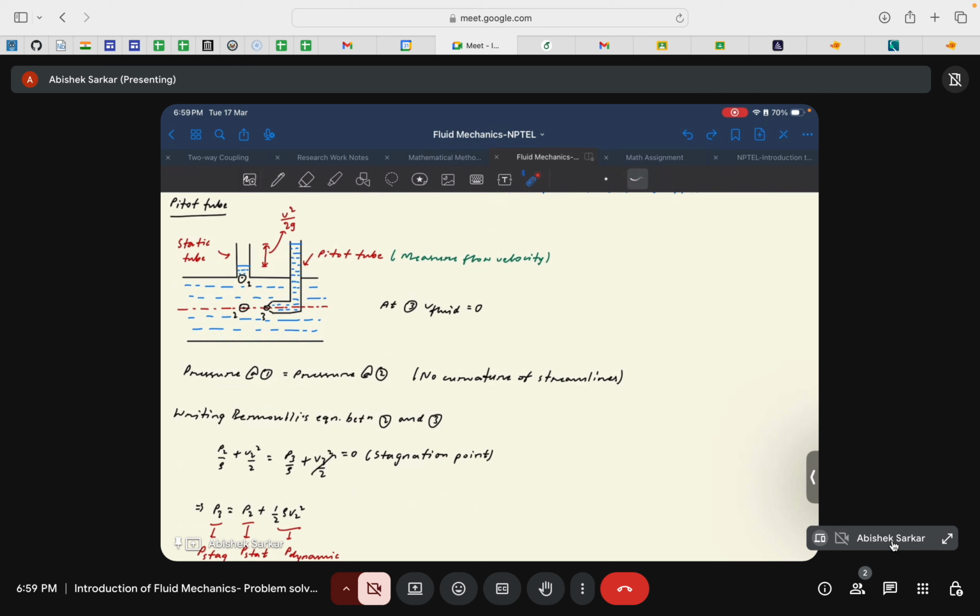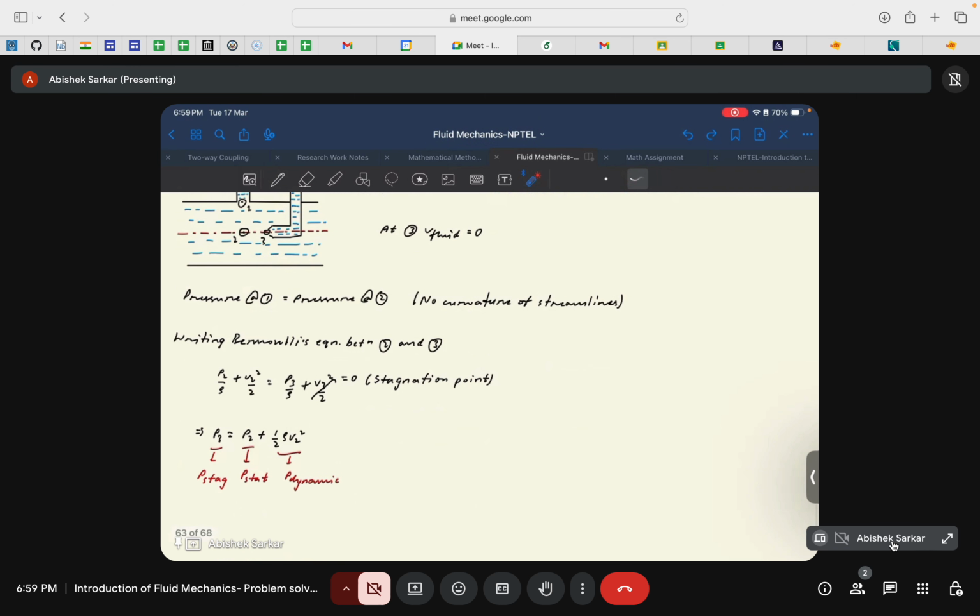Second, you might ask, but there might be some gravitational effects because of the hydrostatic law. Of course there is, but the distance between these 2 points is so small that the pressure difference because of gravity is essentially negligible. So with that approximation, you can consider the pressure at point 1 and point 2 to be equal. That is the second understanding that we have gained.